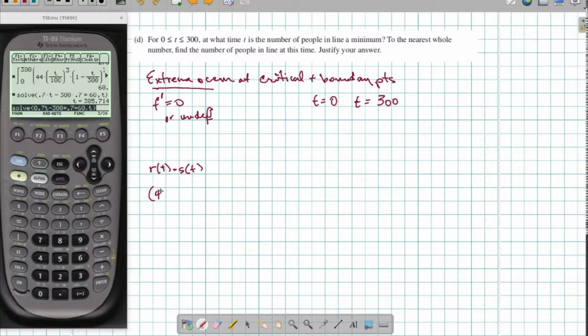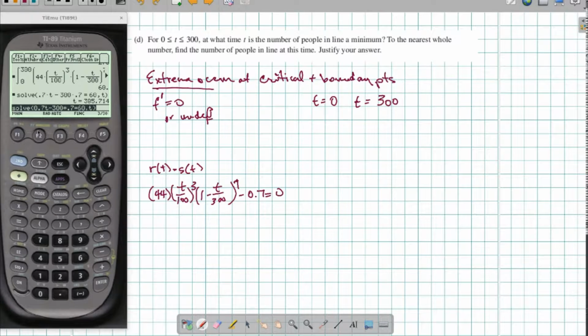So it's going to be 44 times t over 100 cubed times 1 minus t over 300 to the seventh minus 0.7. And I want to know when this is equal to 0, and I don't have to worry about undefined because we're not dealing with fractions here.